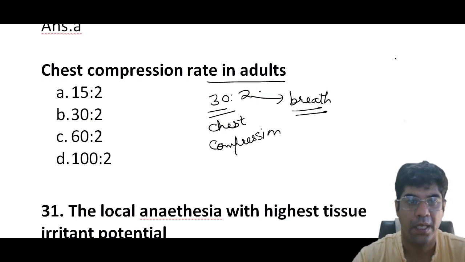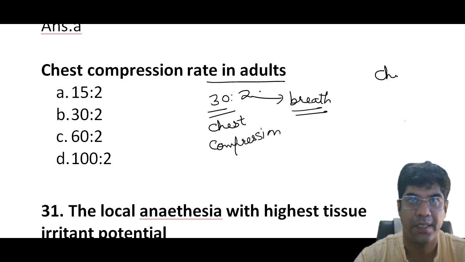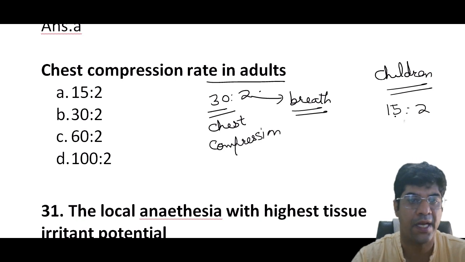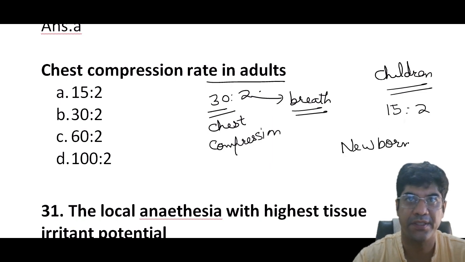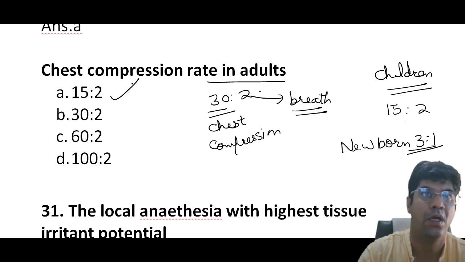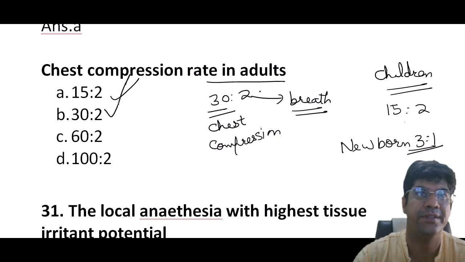Remember, in children this ratio is 15:2. So this is used when there are 2 rescuers. In a newborn, the ratio is 3:1. So the answer is 30:2.